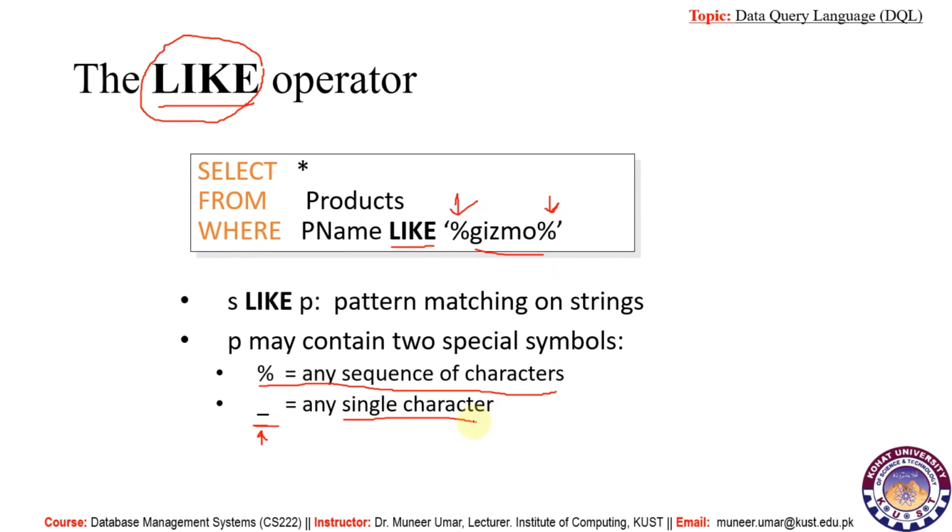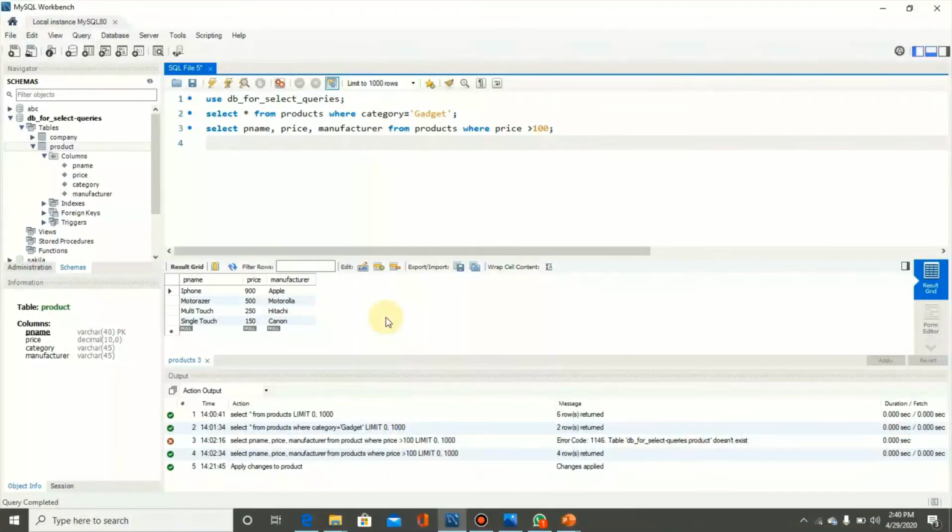So if I type here a single underscore instead of this %, then it would mean that the gizmo must have something before it, and that would be a single character, like a gizmo, b gizmo, one gizmo, something, but it must be a single character if I use underscore here. So for two characters I can use double underscore, and so on. Now here we are using like operator.